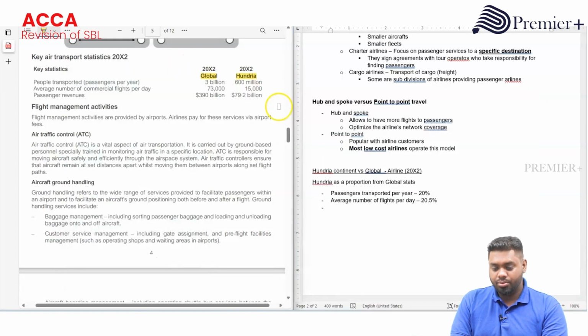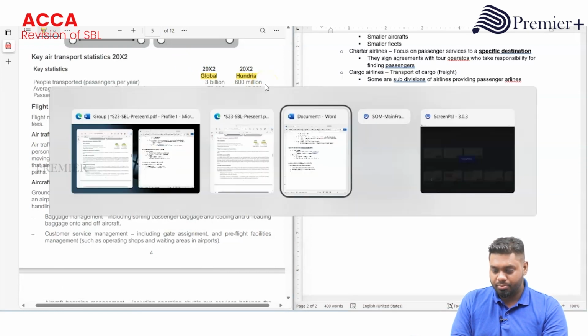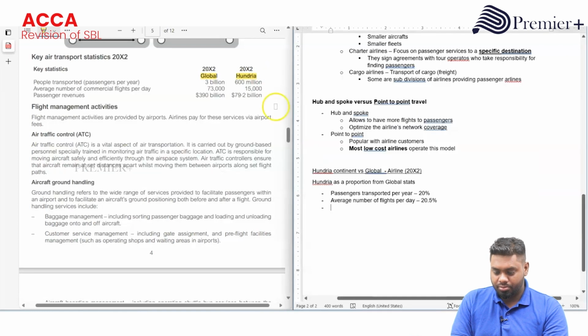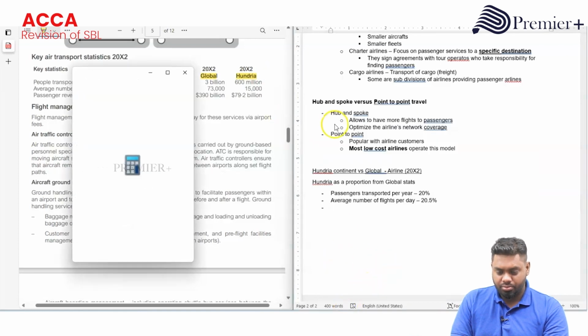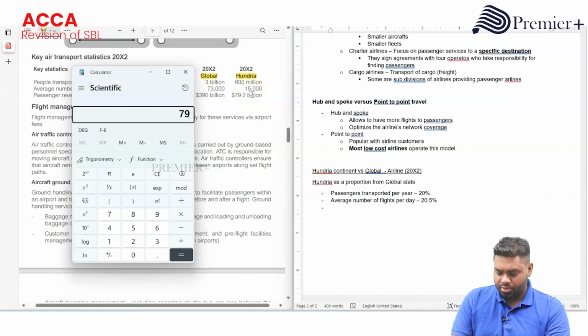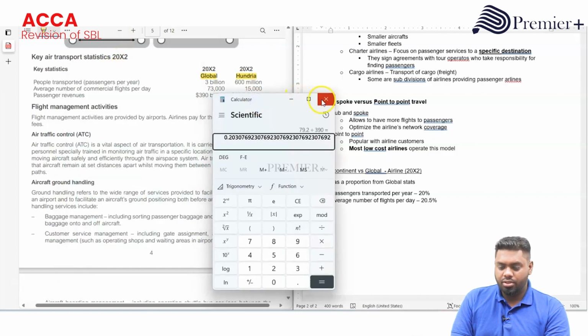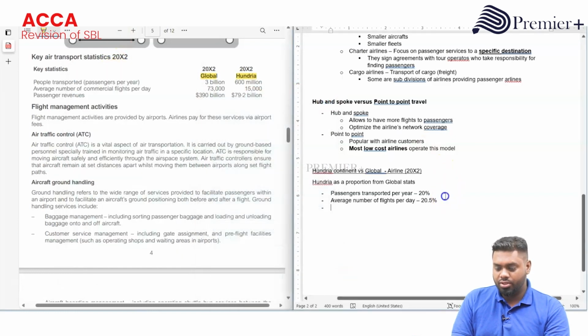Passenger revenue: 79.2 billion in Hungary, 390 billion globally, 20.3% in terms of revenue.